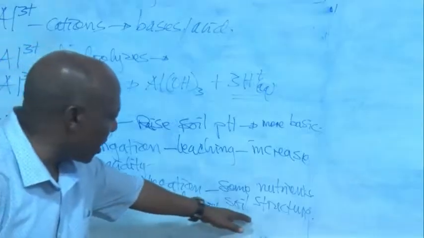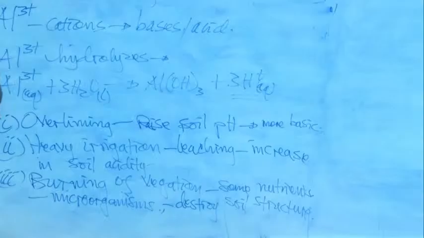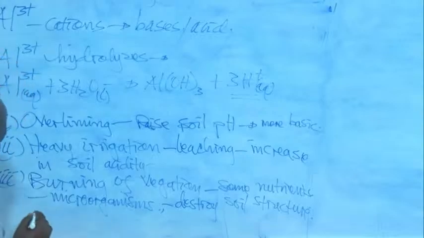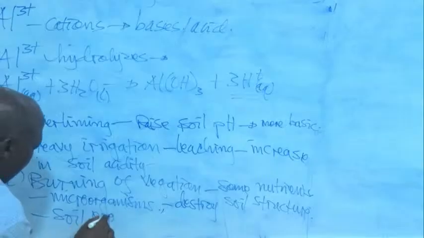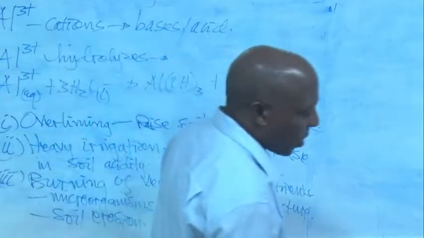So if soil structure is destroyed, it also brings a negative effect. Then another effect of burning of vegetation is soil erosion, because of removal of the soil cover.